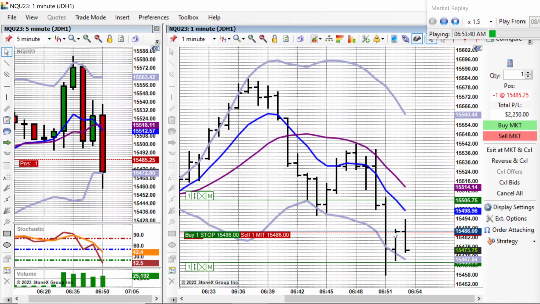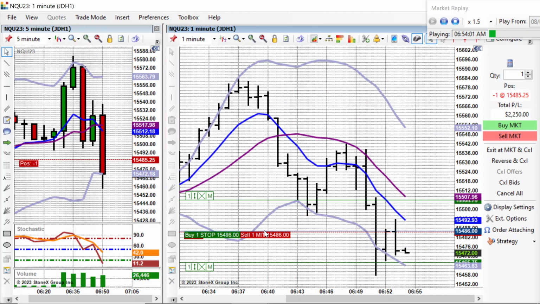I'm not doing it by memory. I'm just trying to trade what I did, and I don't exactly remember how I entered these trades, but I'm going by my signals here. And I would have definitely tried to get short right there, which I think I did this morning.